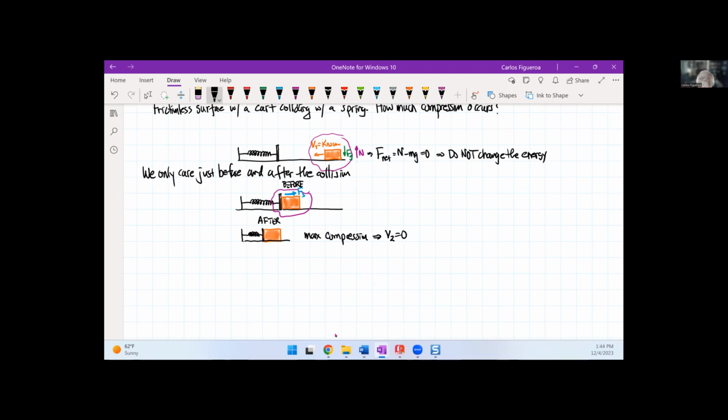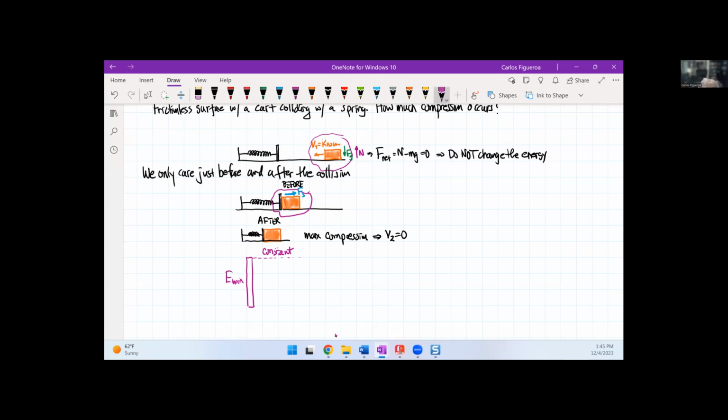So then I start drawing my picture. It says that I have a total energy, and because the only force here is the spring force, this total energy has to be a constant.